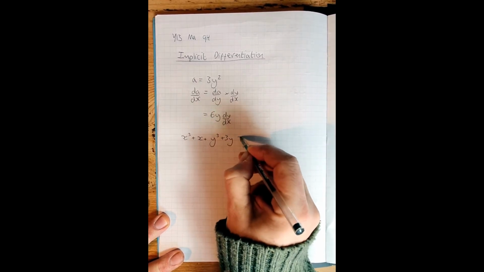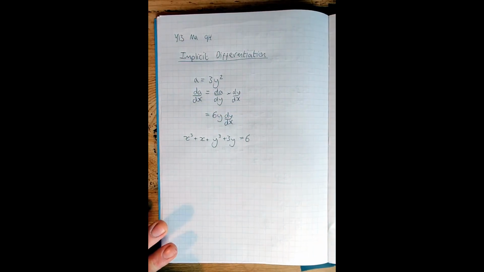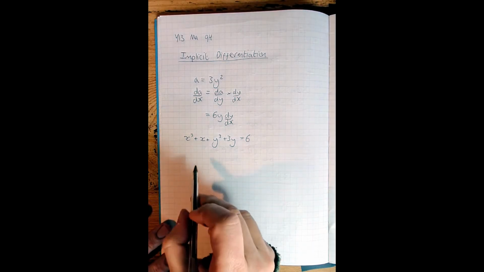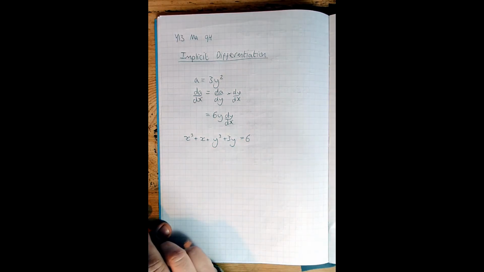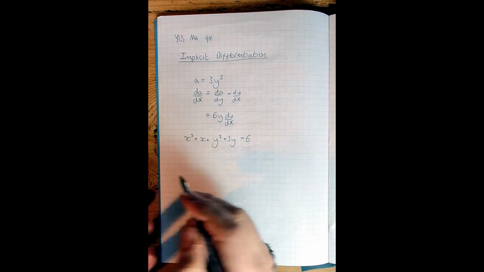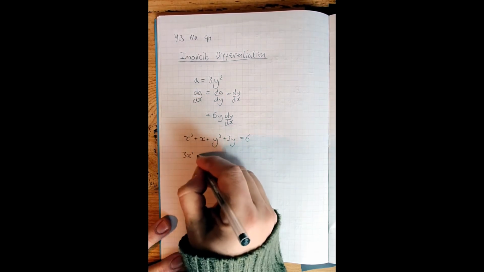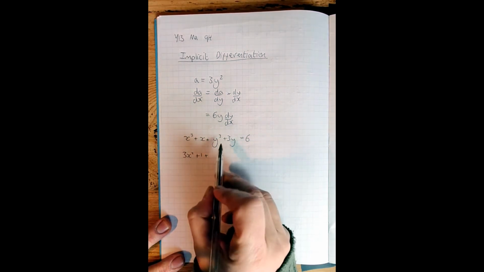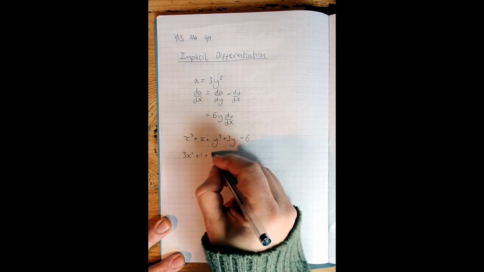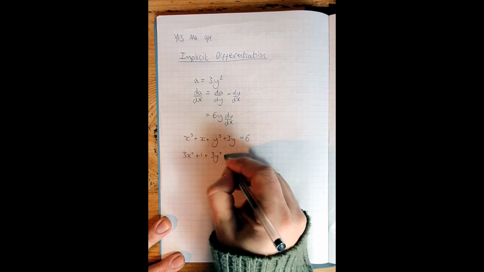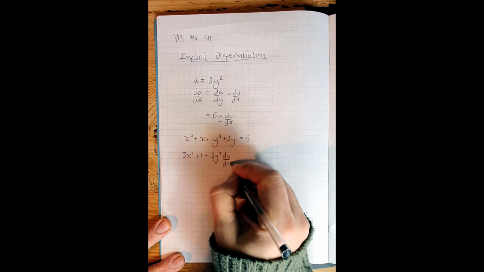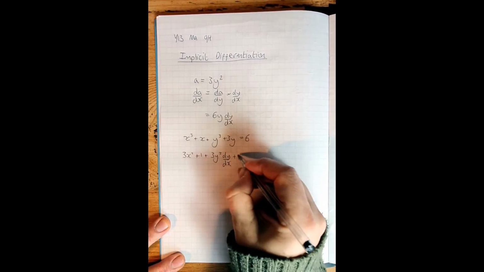So now I have a function in x and y, and I can't make y the subject explicitly. So I differentiate everything with respect to x. I differentiate the whole function with respect to x. So 3x squared plus 1. If a function is in y, I differentiate it with respect to y and multiply by dy dx.